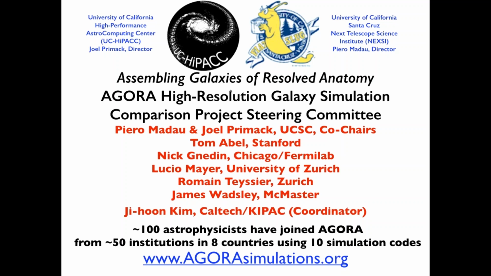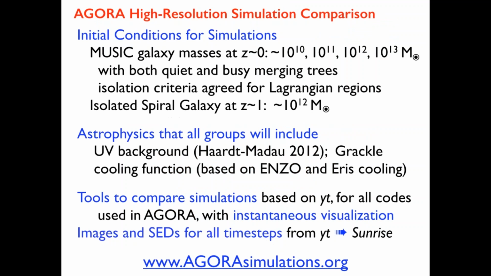There's about 100 astrophysicists from 50 institutions in 8 countries using, actually now it's 9 simulation codes. We agreed on initial conditions for cosmological simulations and also an isolated spiral galaxy at redshift 1. All groups are using the same ultraviolet background, the same cooling function, and we're comparing the simulations with exactly the same tools, the YT code.